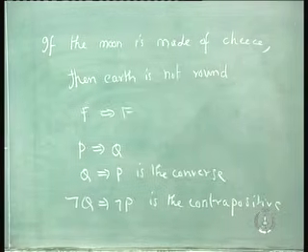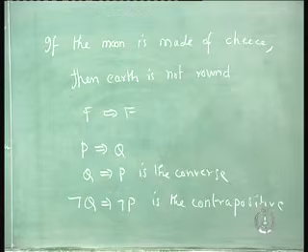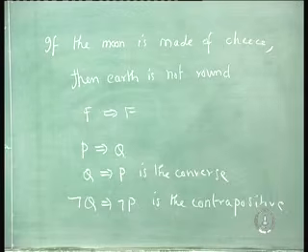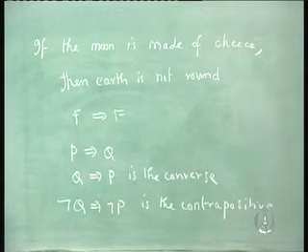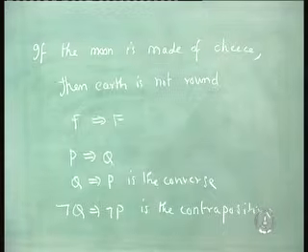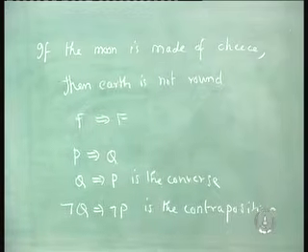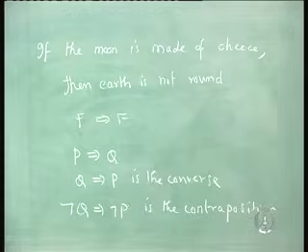Suppose the Pythagoras theorem is: if ABC is a triangle right angled at B, then AC square is AB square plus BC square. What will be the converse of the theorem? Converse also you would have studied in school. If in a triangle AC square is AB square plus BC square, then the triangle is right angled at B. So, that is the converse.